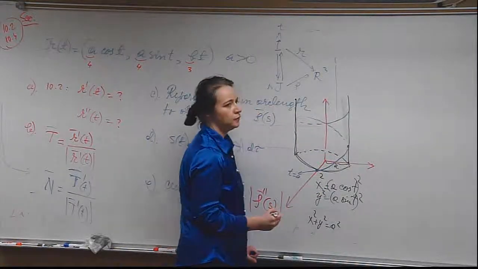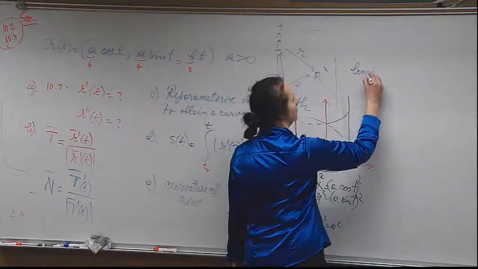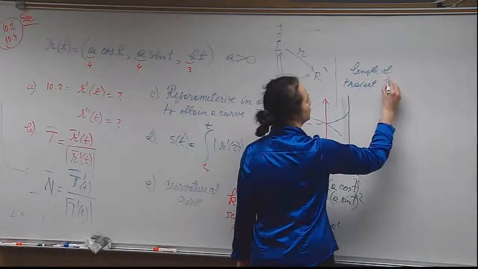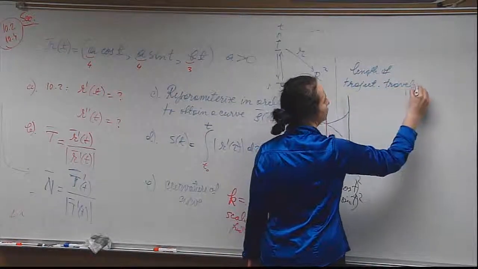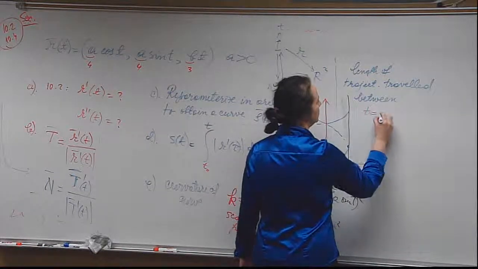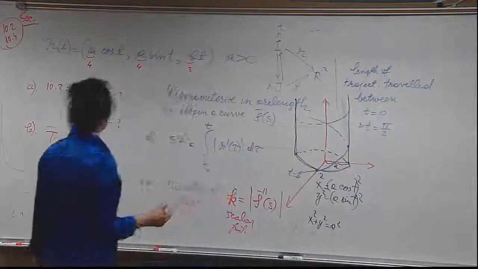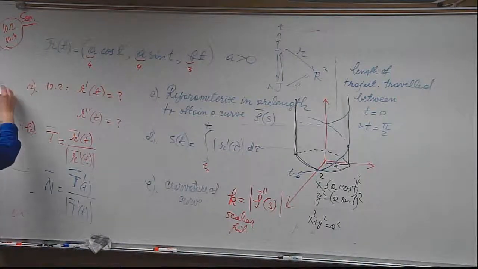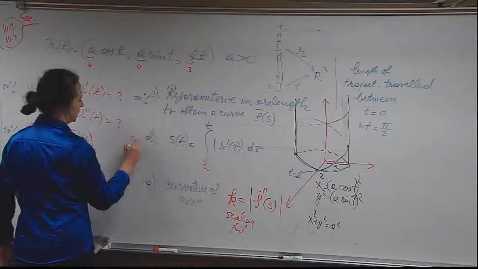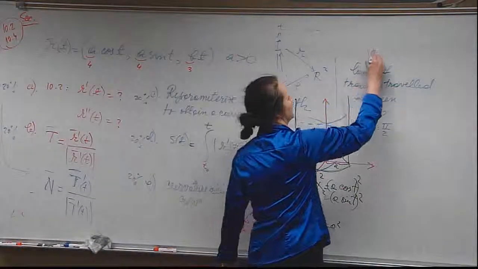If I ask you one more thing for extra credit, what is the length of the trajectory traveled by the bug, whoever that is, between time t equals 0 and time t equals pi over 2, let's say that's extra credit. So 20%, 20%, 20%, 20%, 20%, and 10% for this one.